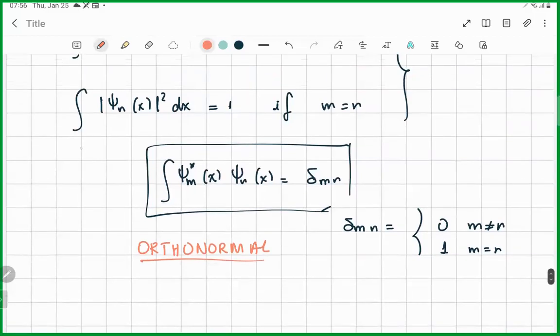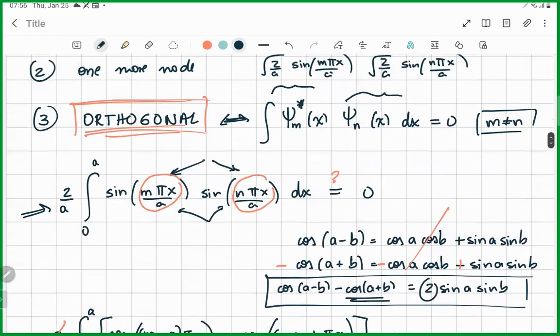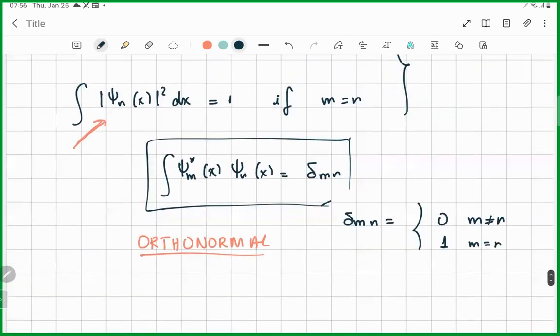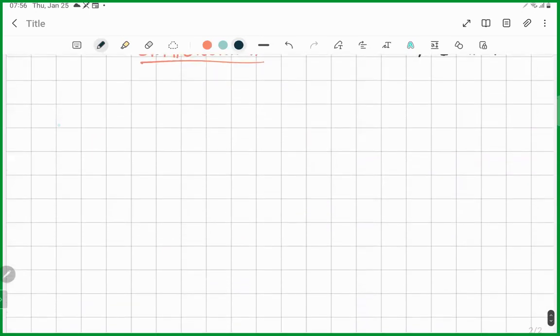No? This integral is very good. So this is the very, very important third property, orthogonality, and more than that, these solutions are orthonormal. Let's go now to one more very, very important property, which is completeness.